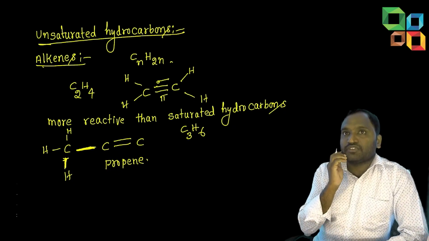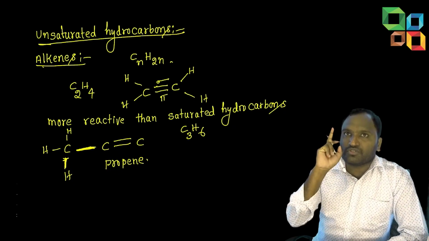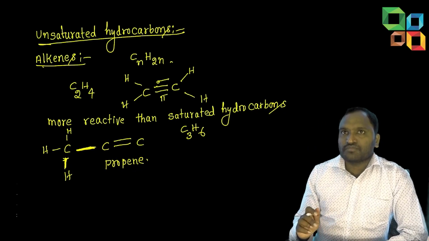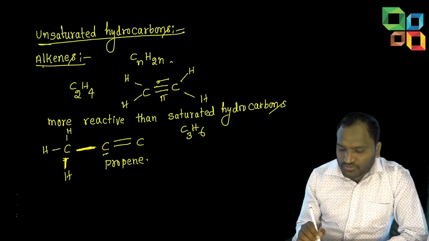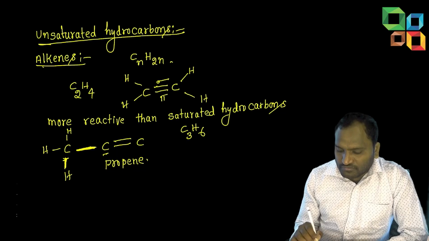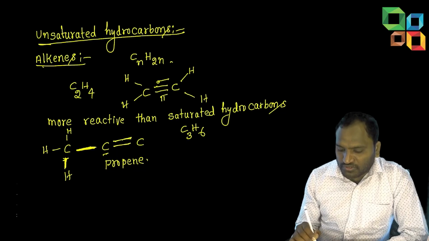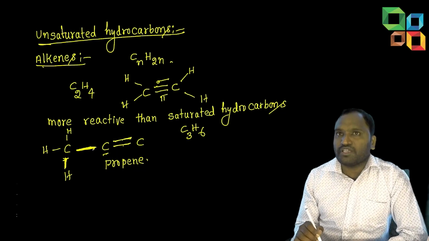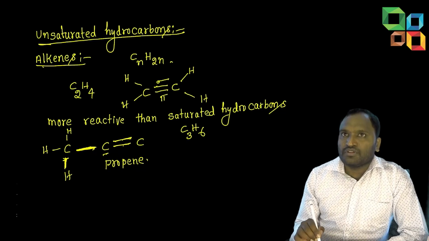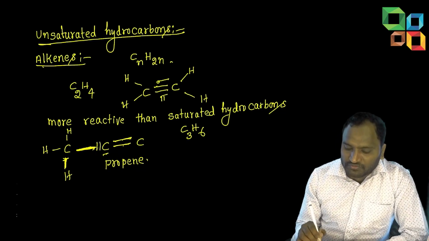So I took 3 hydrogens. Next, the second carbon, here 1 bond, here 1 bond, and this side 2, this side 1. Total how many are there? 3 are there. So 1 more hydrogen if you connect, enough.